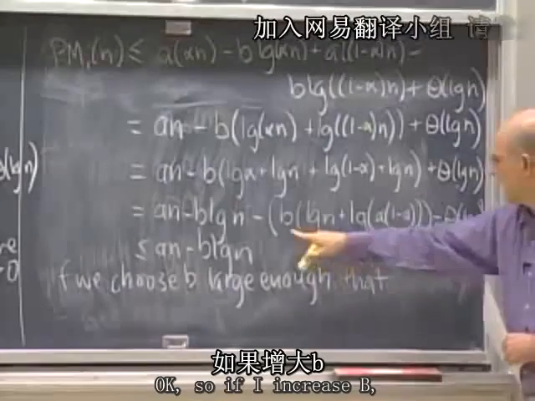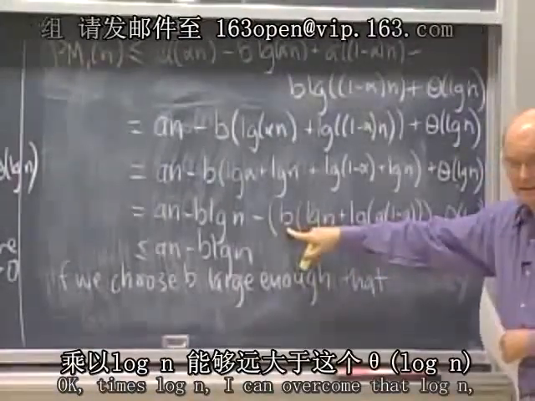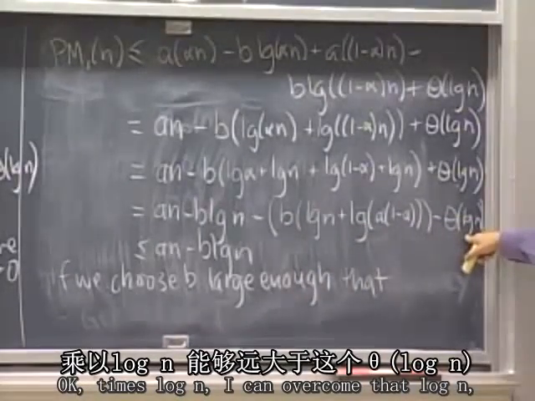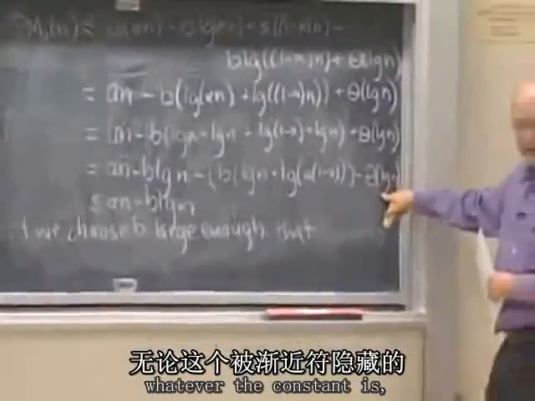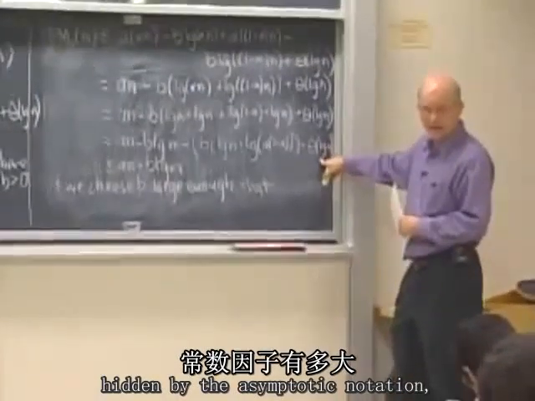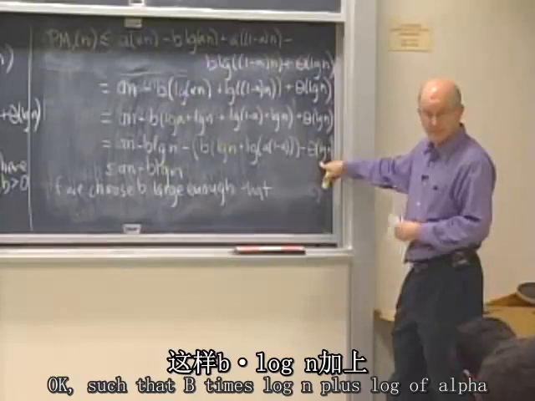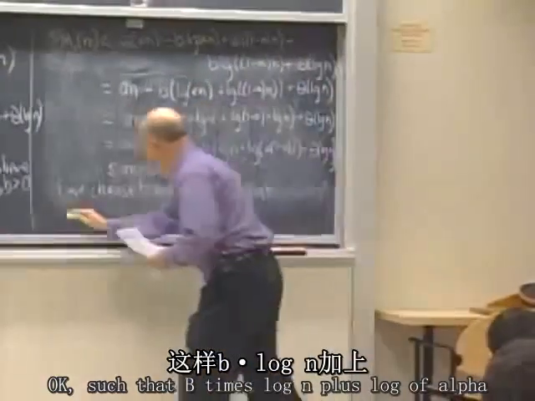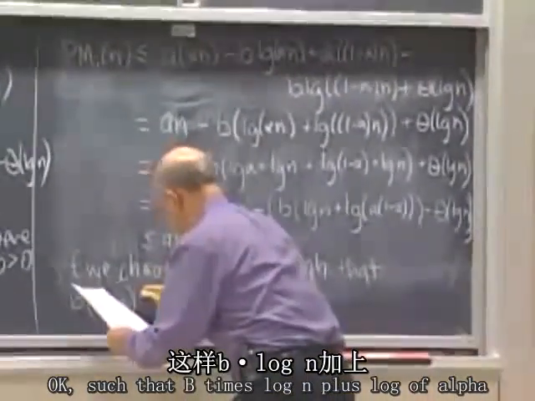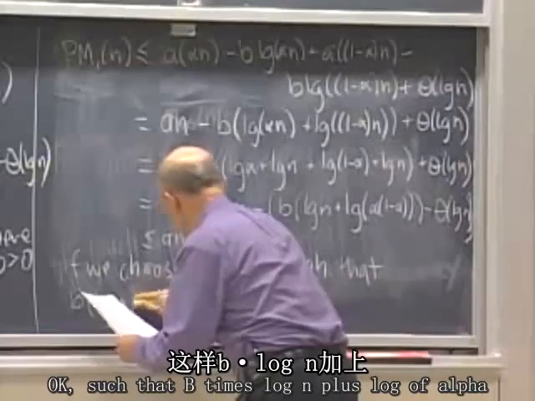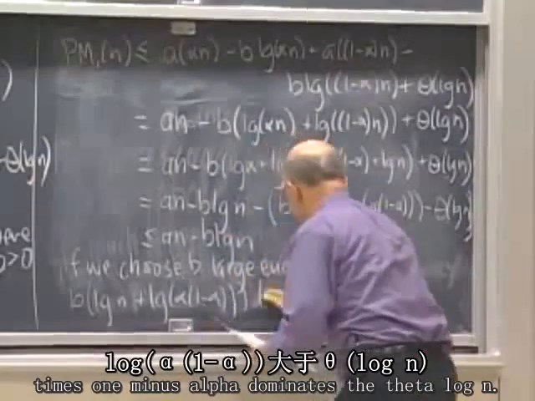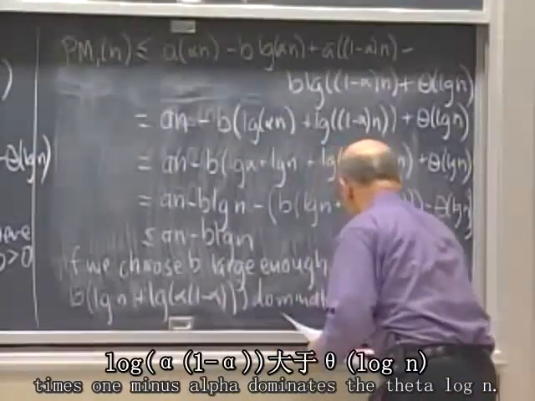So if I increase b times log n, I can overcome that log n, whatever the constant is hidden by the asymptotic notation. So b log n plus log of alpha times 1 minus alpha dominates the theta log n.